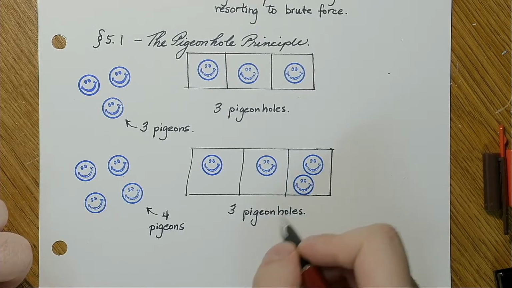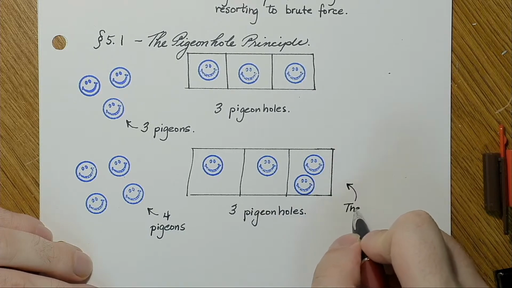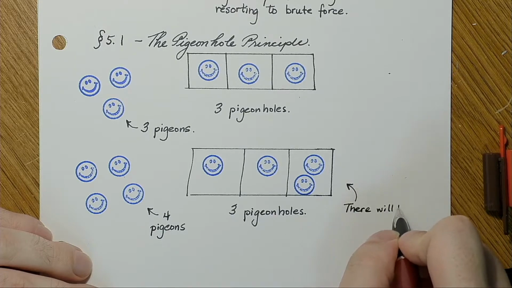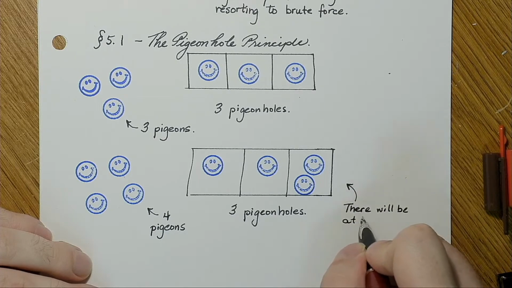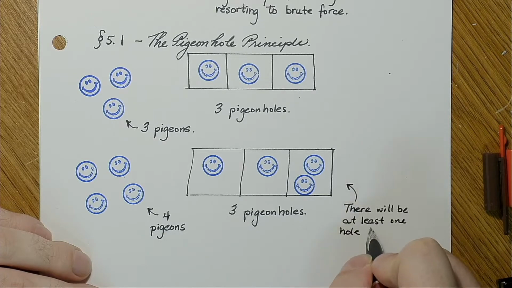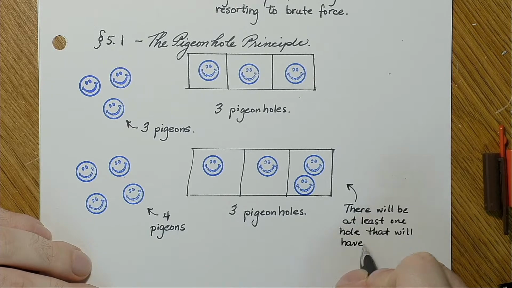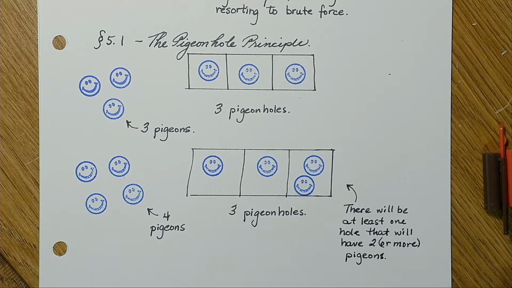Because I have 4 pigeons and 3 holes, there will be at least 1 hole that will have 2 or possibly more pigeons. And that's the concept of it.